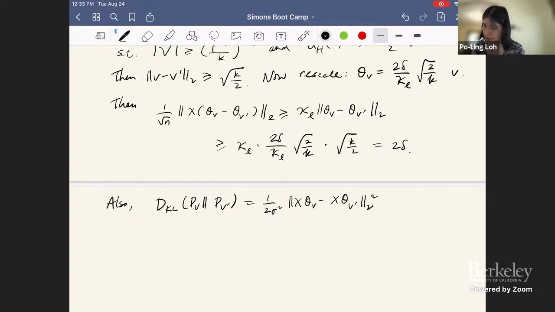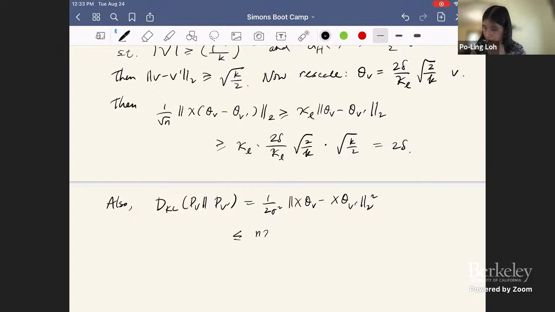This equality comes from the fact that I have normal distributions. Remember, y is the only random thing, and we're conditioning on the value of x theta V and x theta V prime. So you can use the formula for KL divergence between Gaussians that I gave earlier in the lecture. And this is in turn bounded by, well, I can get rid of the x's using my conditioning assumption.